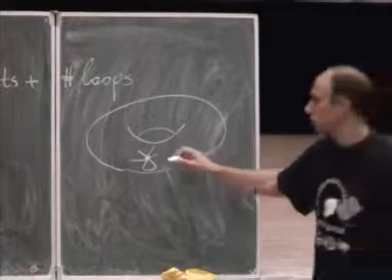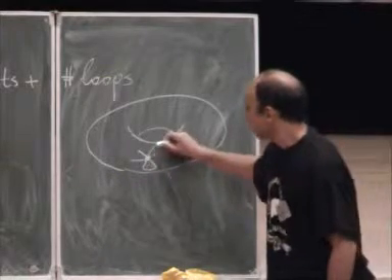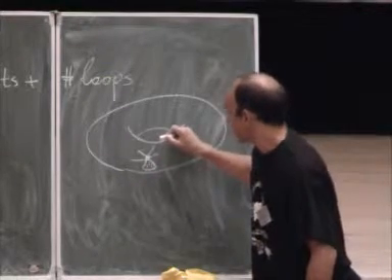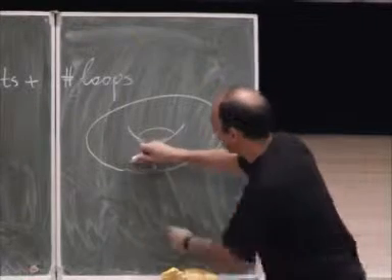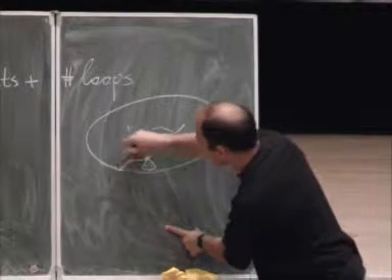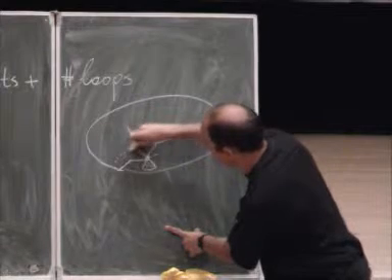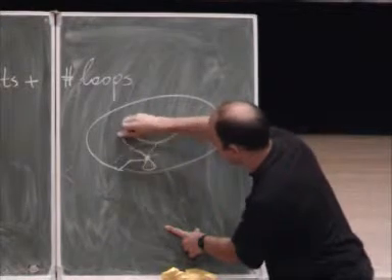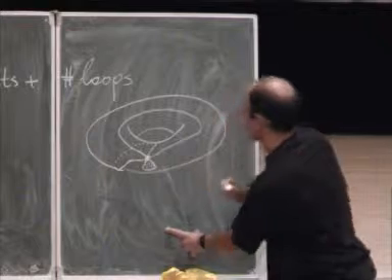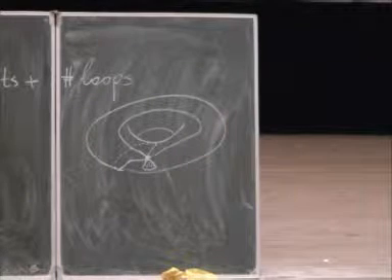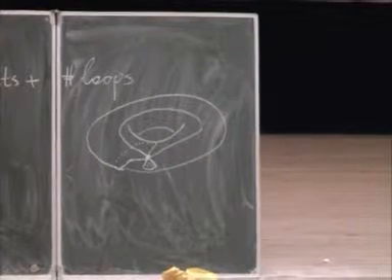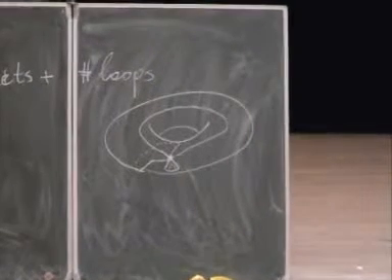This is the white disk, and then we get, let me see. In other cases, we'll get surfaces of different genera.